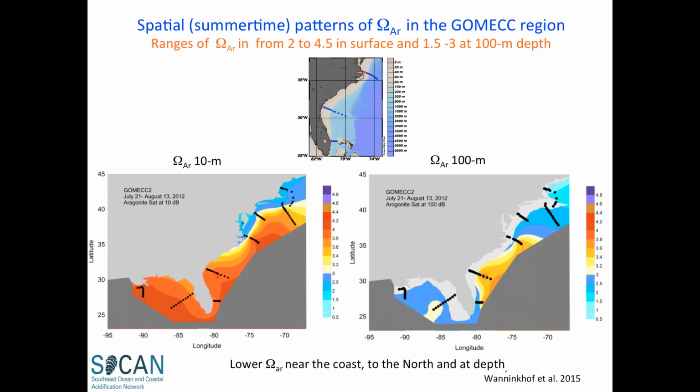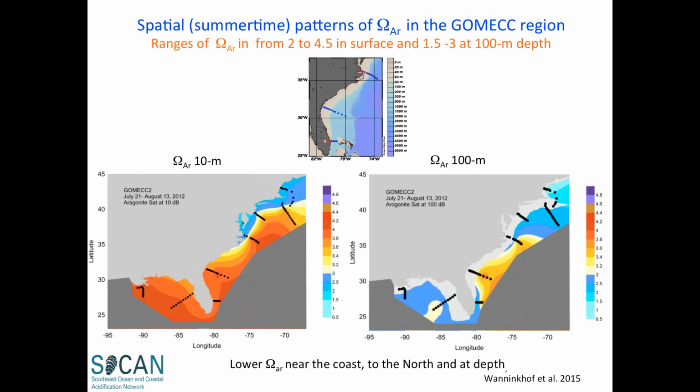What I'm showing here is based on the GOMECC cruises, two cruises that we did a couple of years ago. The saturation states based on these transects are on the left-hand side at the surface and on the right-hand side at 100 meters.